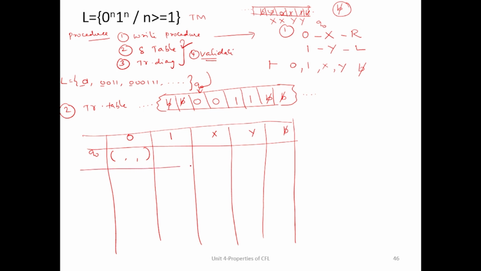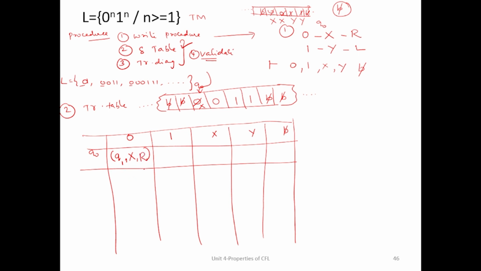This is the way we write the output of the transition function of a Turing machine. After replacing a symbol, you should go to a new state, so I go to the new state Q1. Instead of 0, I replace the symbol with X. Then I want to go in the right direction.